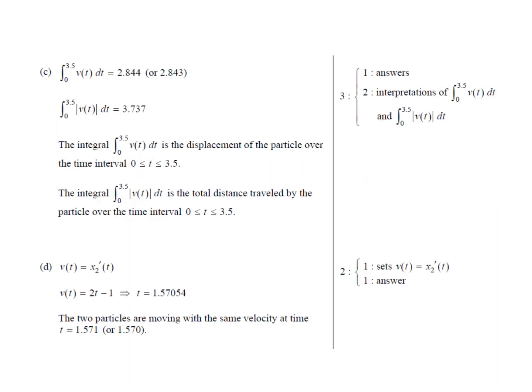Now the last 2 parts. The second part, C, is worth 3 points. So that's interesting. You have 1 answer for the displacement, 1 answer for the distance, and then the descriptors. So I'm assuming 1 point for each interpretation is probably how they do that.